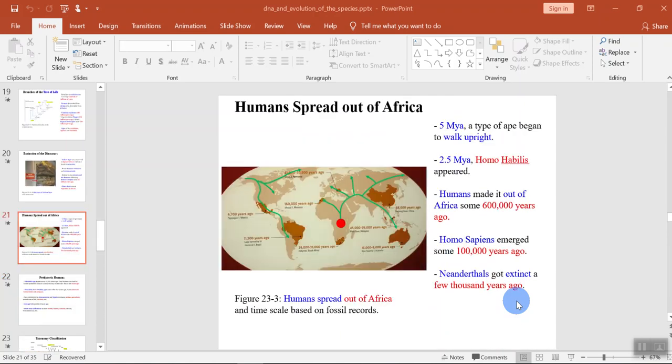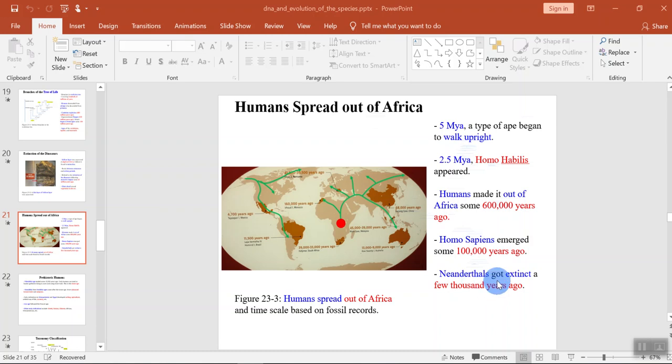So humans started out in Africa and then spread out. Some 5 million years ago, a type of ape began to walk upright. Some 2.5 million years ago, Homo habilis appeared. Humans made it out of Africa some 600,000 years ago and spread. Homo sapiens emerged some 100,000 years ago.